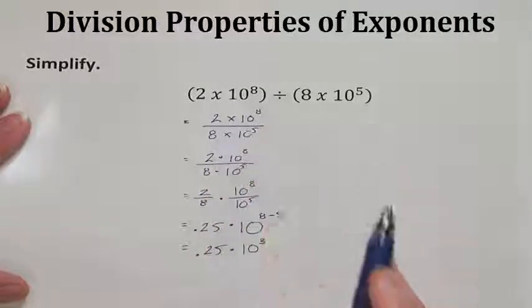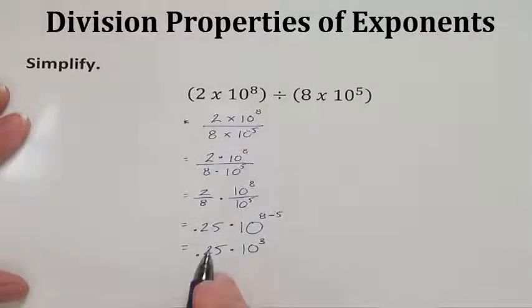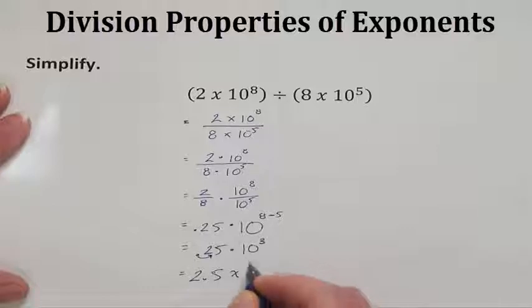Now, if it's a scientific notation problem, your job is to make sure your final answer is in scientific notation. We solved this problem, but it's not in scientific notation. We do not have a digit before the decimal, so that means this decimal needs to be moved. It needs to move one more place this way. So I need 2.5 times 10 to the... Okay, we now need to officially change this exponent.